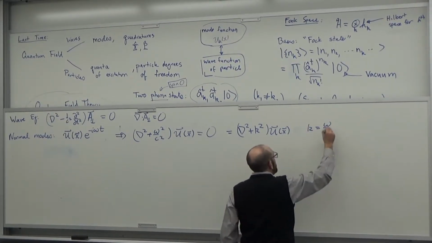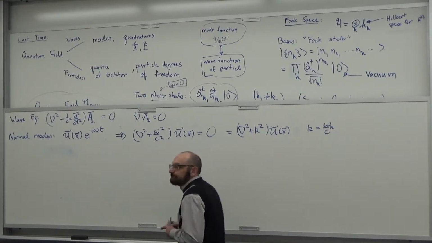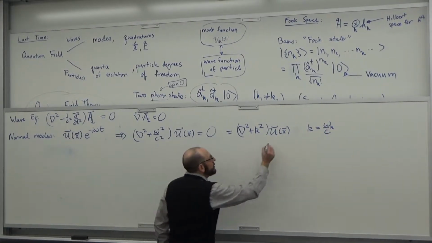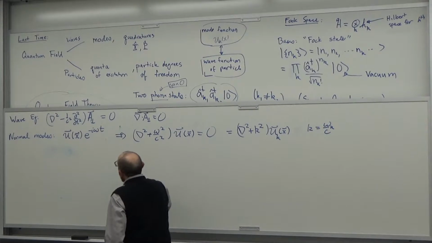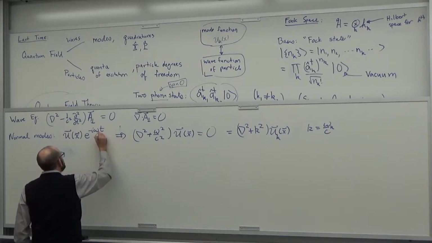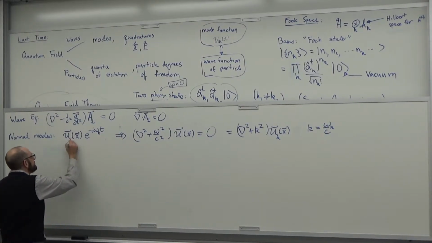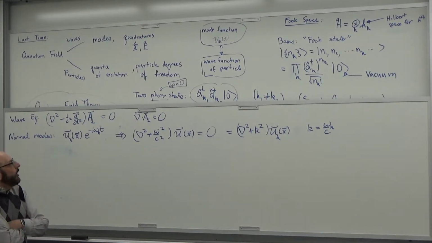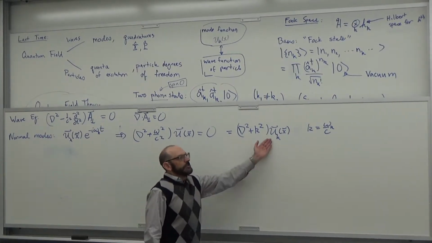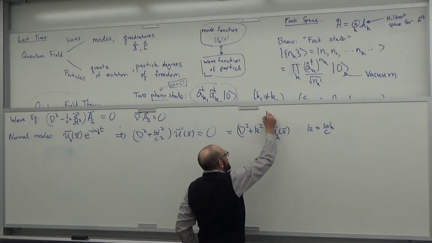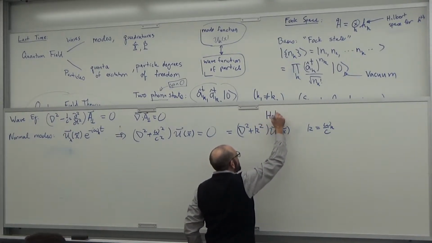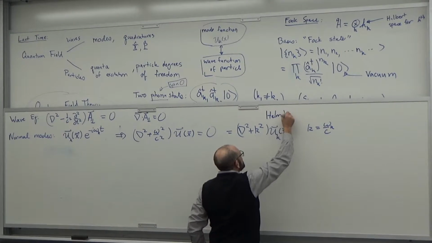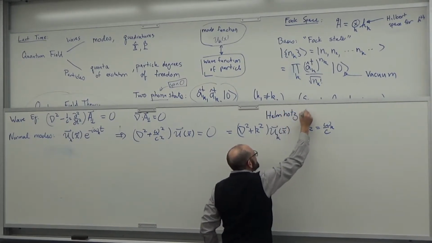So I'll call this omega sub k. And now my modes depend on that k so far. So now, what are the solutions? This, of course, is another thing called Helmholtz equation, not Helmholtz theorem.